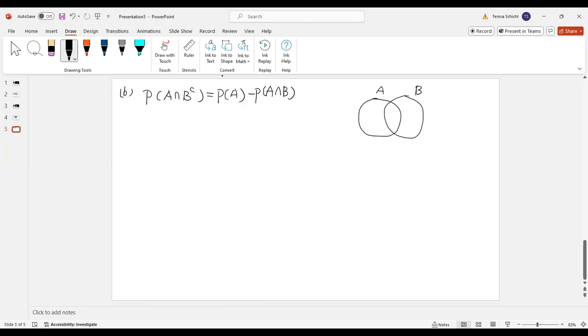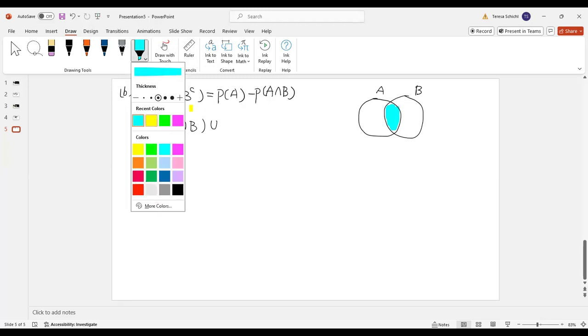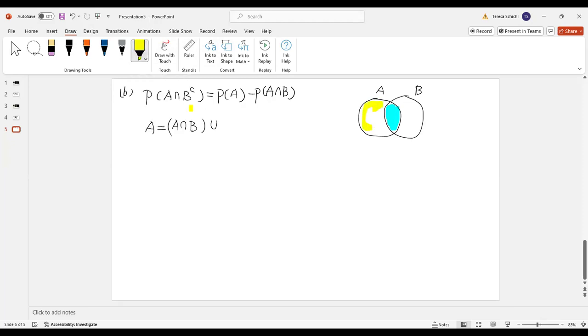Now I'm looking at A, which is equal to this region. This blue region is A intersect B, correct? And the union with this other region, the yellow region, is what makes up A. What is the yellow region?